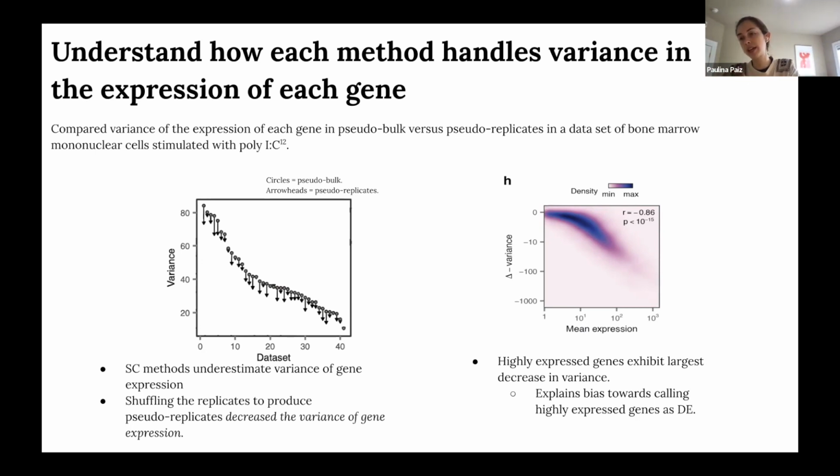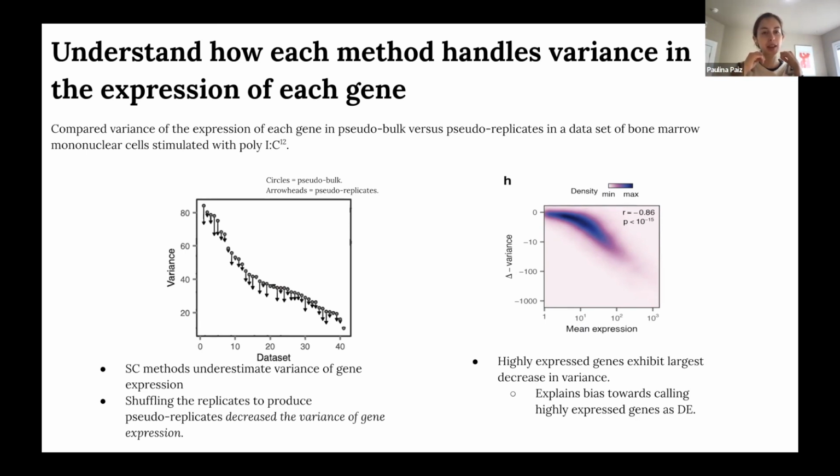So they're just doing a pairwise comparison. They forgot about the aggregation disabled and single cell. That's why I said that pseudo replicates in their mind more closely resemble single cell methods. This was in a data set of bone marrow mononuclear cells stimulated with poly IC12.